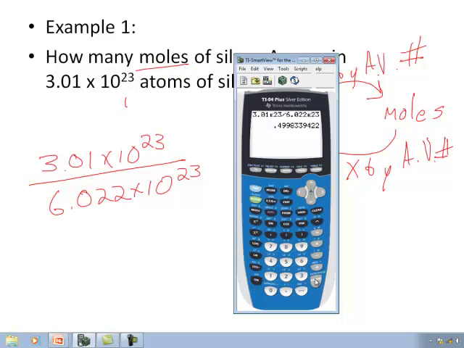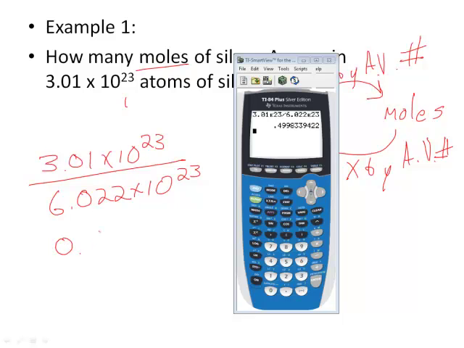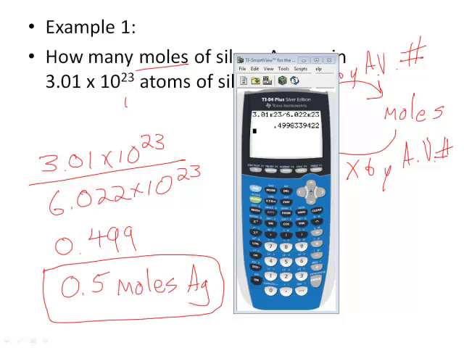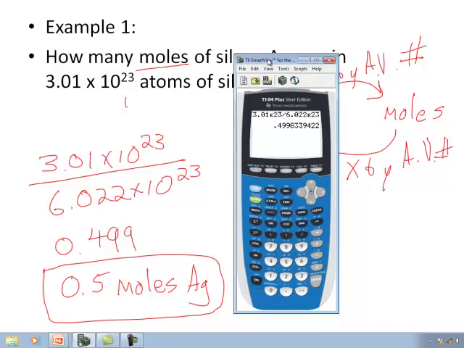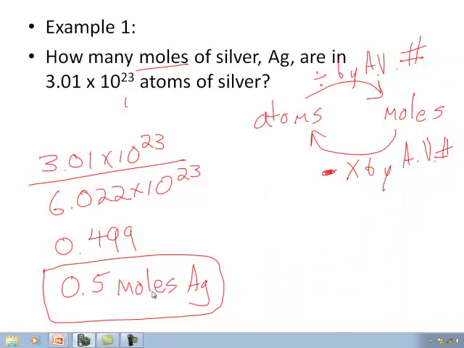And I get my answer, 0.499, but I usually round to the second or third decimal place, so I'll round this up to 0.5 moles of Ag. You always want to put a unit with your number, or your number will be useless. It'll just be a number and be very lonely. So that's one example of our chart.